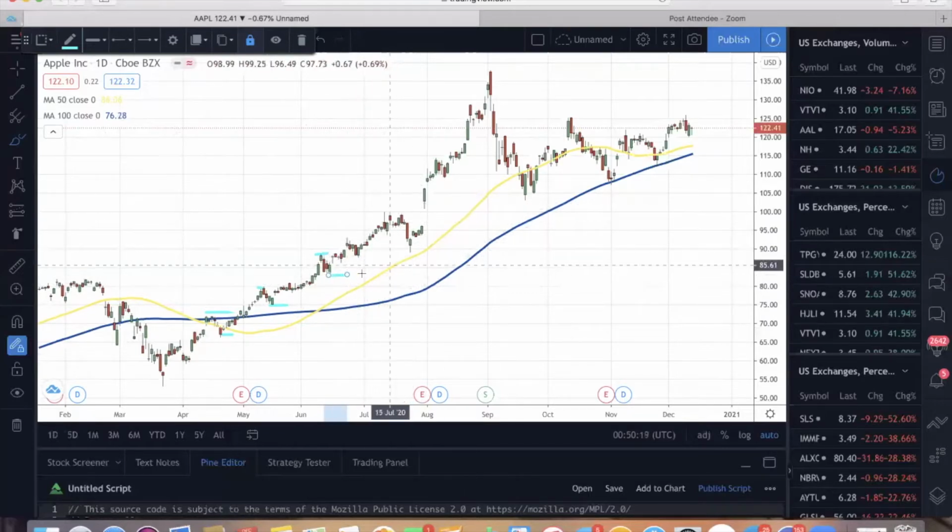All these lows, the dips, are higher than the previous low. As you can see, this one's low, but so is this one. However, this is higher than this, therefore we are moving in an uptrend. You can also confirm it with the higher highs: this high was higher than this high, and this high was higher than this high.